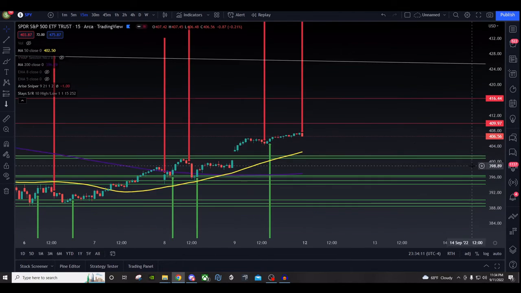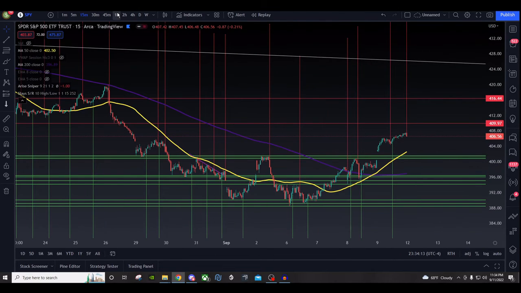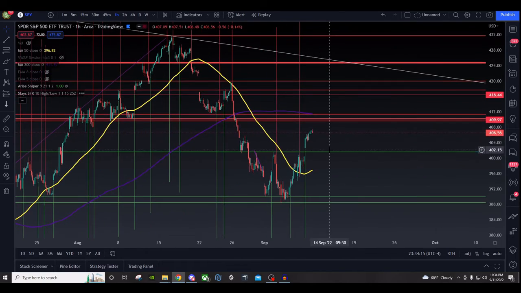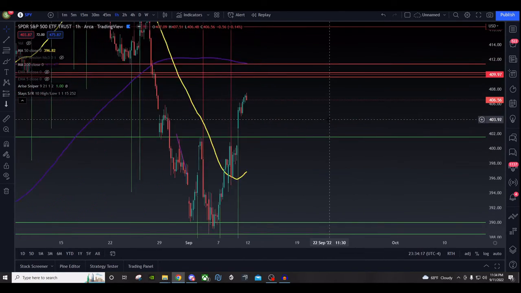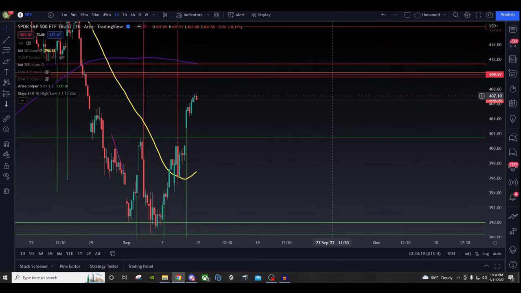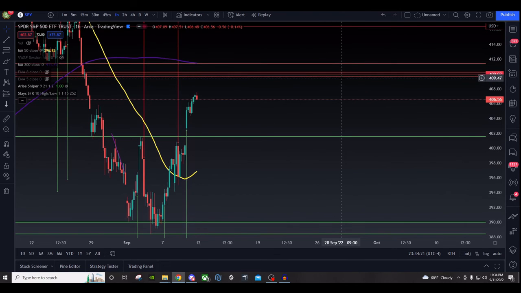So the question becomes, do you take a trade or do you wait? When in doubt, go to a longer time frame and zoom out. Okay. Me personally, I probably wouldn't take a trade below, unless it's below. If it hits 410, I probably would take a reject. If it bounces off 401, I'd probably take a call.